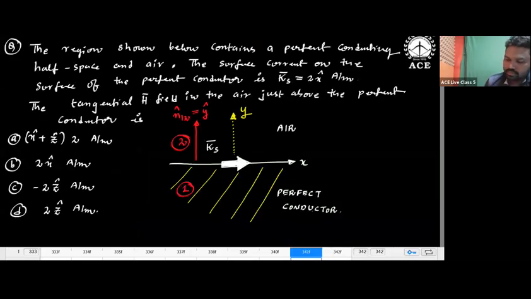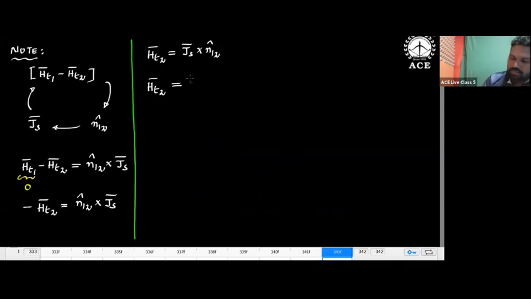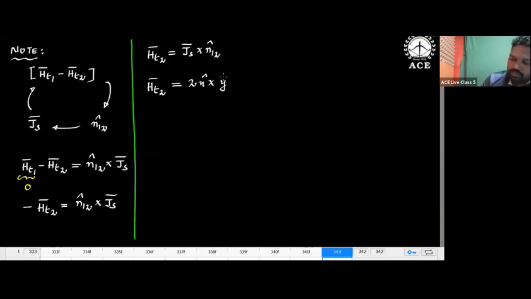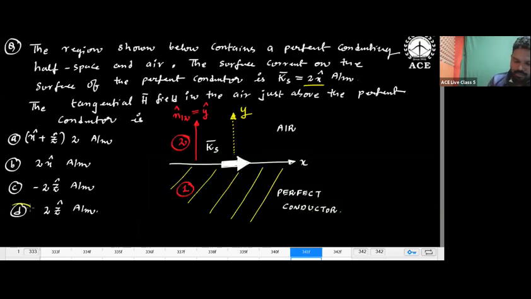It is represented as KS, doesn't matter. So here it is 2x cap cross normal. What is the normal from medium 1 to medium 2? Y cap. So HT2 is equal to 2z cap ampere per meter. Okay, beta.